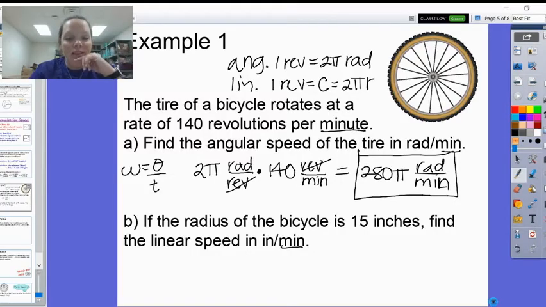All right, part B is asking us if the radius of the bicycle is 15 inches, find the linear speed in inches per minute. So linear speed is represented by V, and that's just the arc length divided by the time.